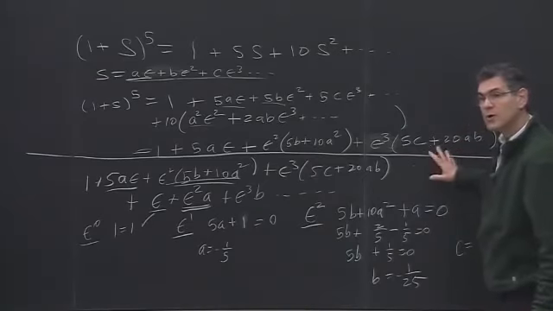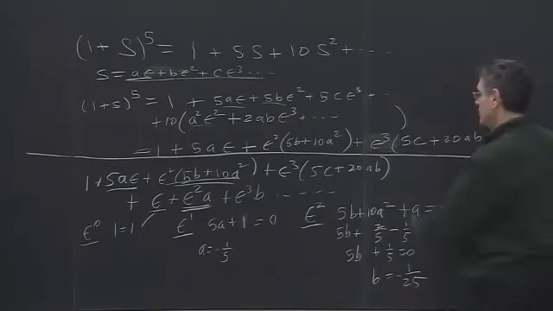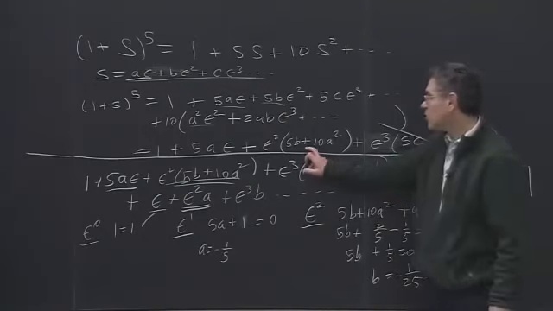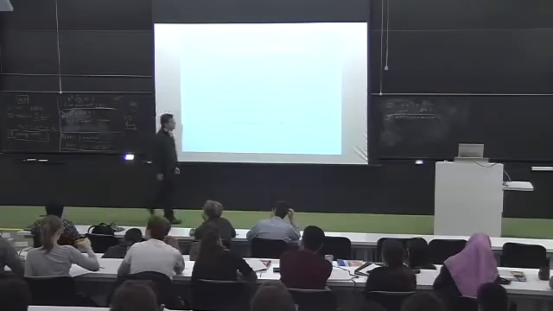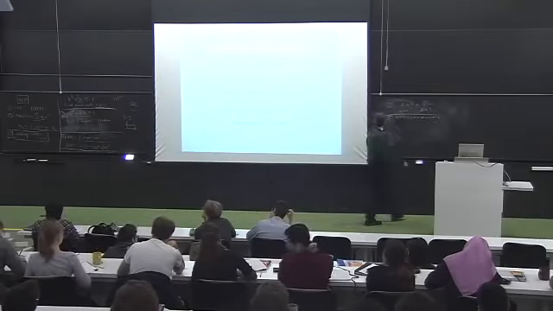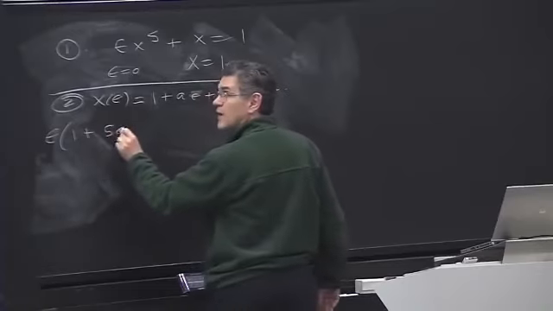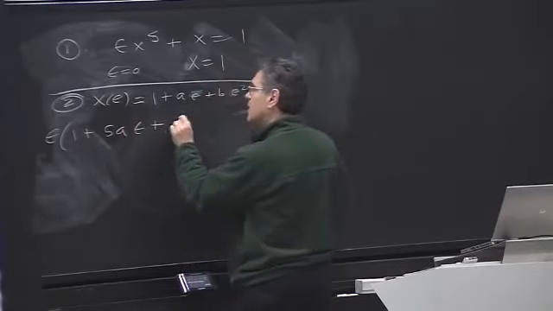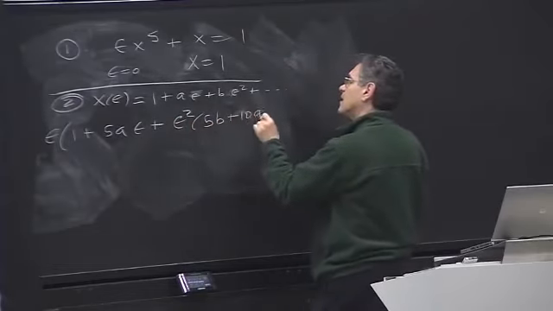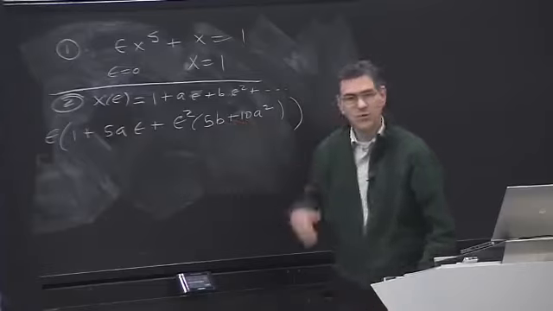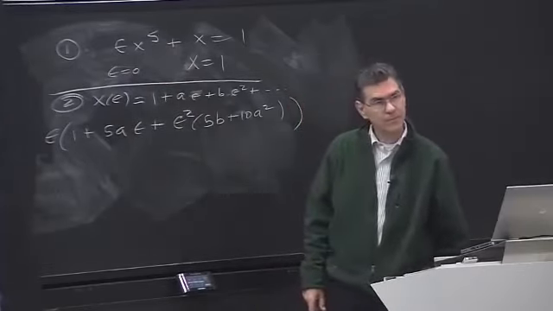So if we're going to work to, say, order epsilon squared, we don't need so many terms. We don't need this term because all this is going to be multiplied by epsilon, right? So when we do perturbation theory, we have epsilon times 1 plus 5a epsilon plus epsilon squared times 5b plus 10a squared. Okay, there's the epsilon times x to the 5 term.